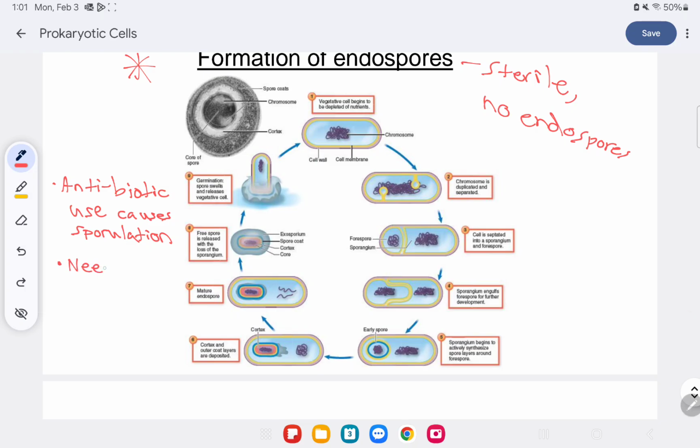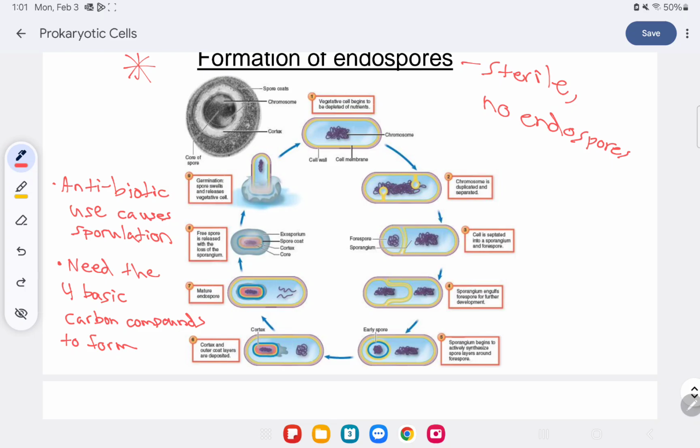So they're going to undergo sporulation, which is a resting state. It will be a lot like the way a seed is a resting state, but a seed has nothing on an endospore. Sporulation is not a form of reproduction.